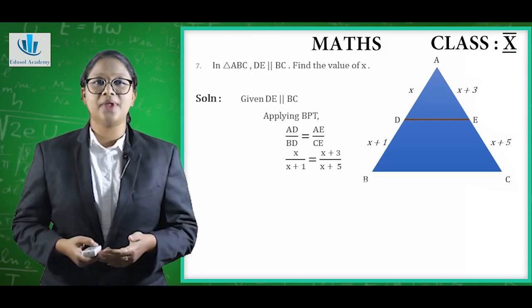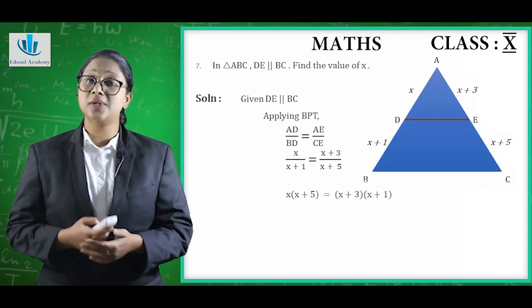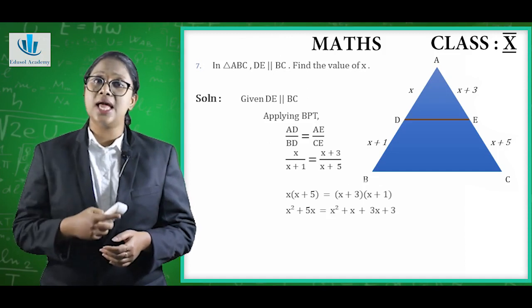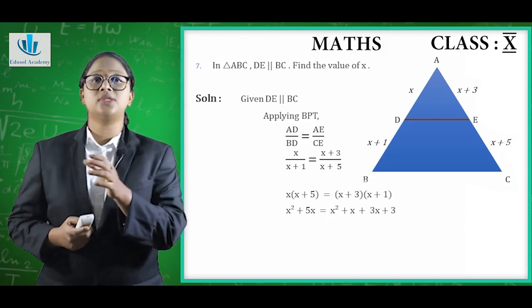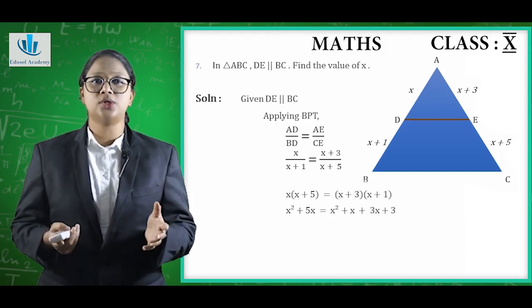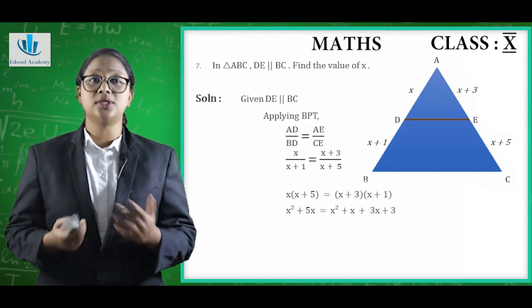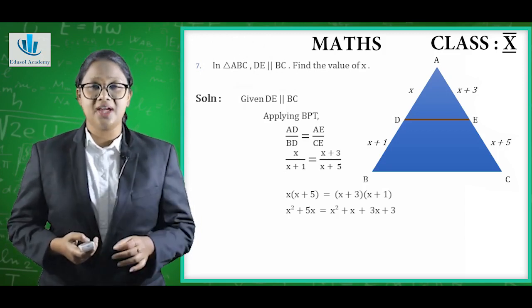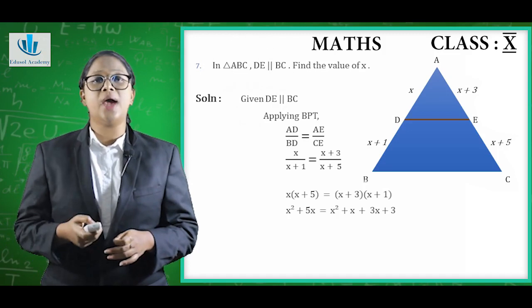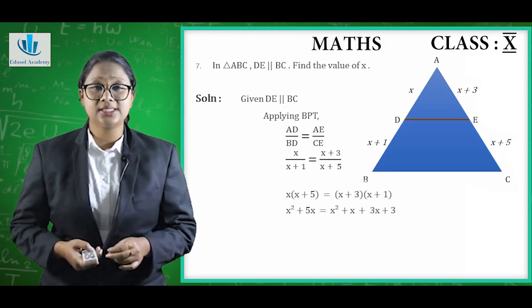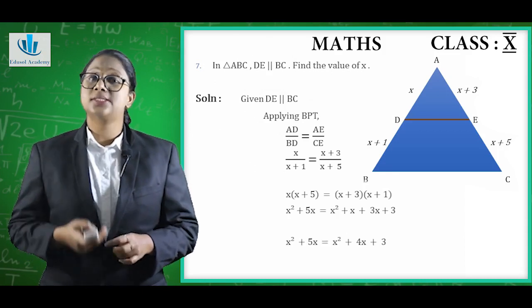Now we have to cross multiply. So X plus 5 will multiply with X, and X plus 3 will be multiplied to X plus 1. Now we have to do the normal multiplication for linear expressions. For the left hand side, we'll get X square plus 5x, and on the right hand side we will get X square plus X plus 3x plus 3.